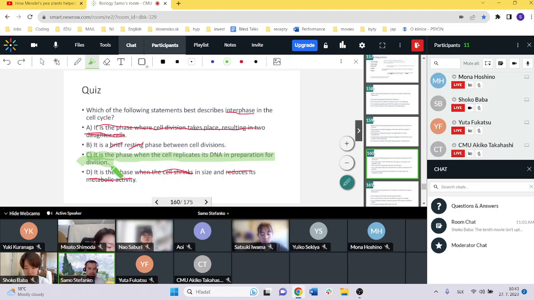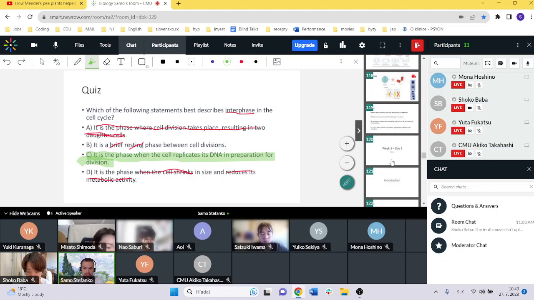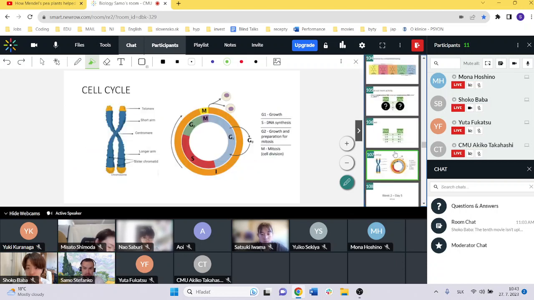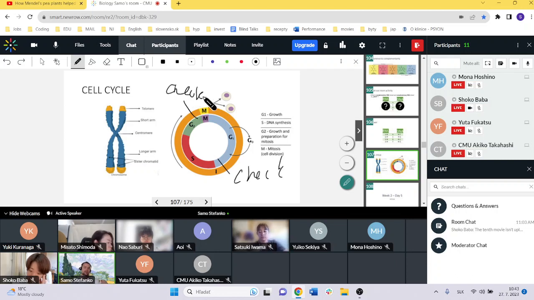Before S phase we have the G1 phase, where we also have the first checkpoint, and after S phase we have another checkpoint during G2 phase to check whether everything is properly synthesized and whether the cell is in a physiological condition and can continue in mitotic cell division.